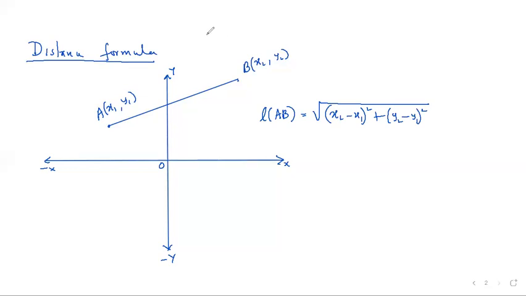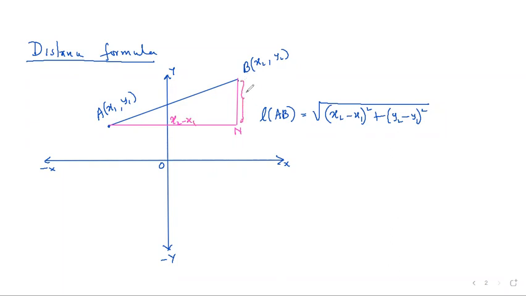Do you know how you get this answer? If I draw a perpendicular like this, I'll use some other color. If I draw a perpendicular like this, I'll get a right angle triangle. This length AN is x2 minus x1.